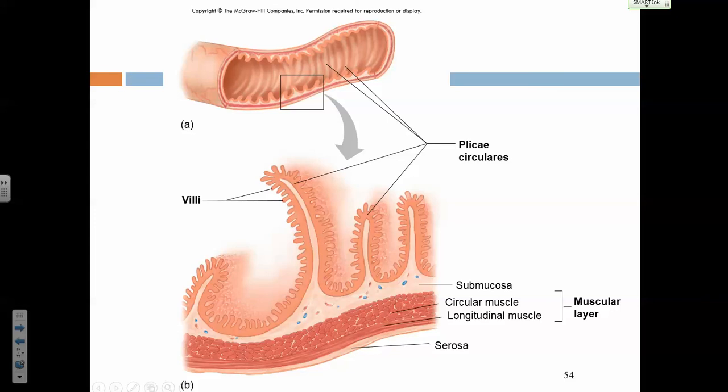Okay. And then if you look at the magnified view, on the surface of each plica or each fold, you see additional little finger-like projections. And they are what the small intestine is famous for. They're called the villi. Singularly, that would be a villus. And you can see it's not just a total fold, it's just a little finger-like projection.